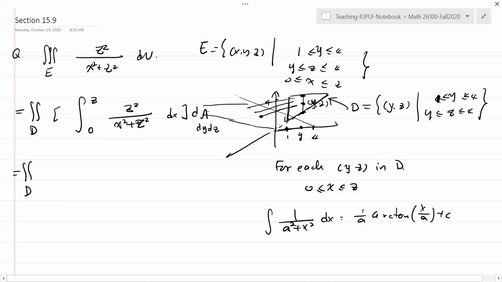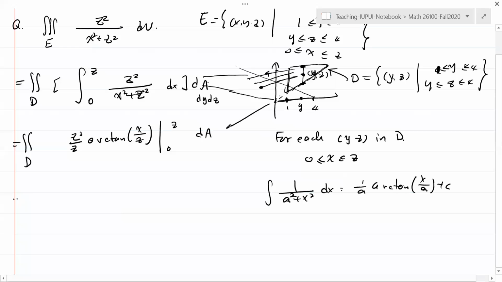Here a is z. So the antiderivative is z squared over z times arctangent of x over z, evaluated at the two endpoints, dA.